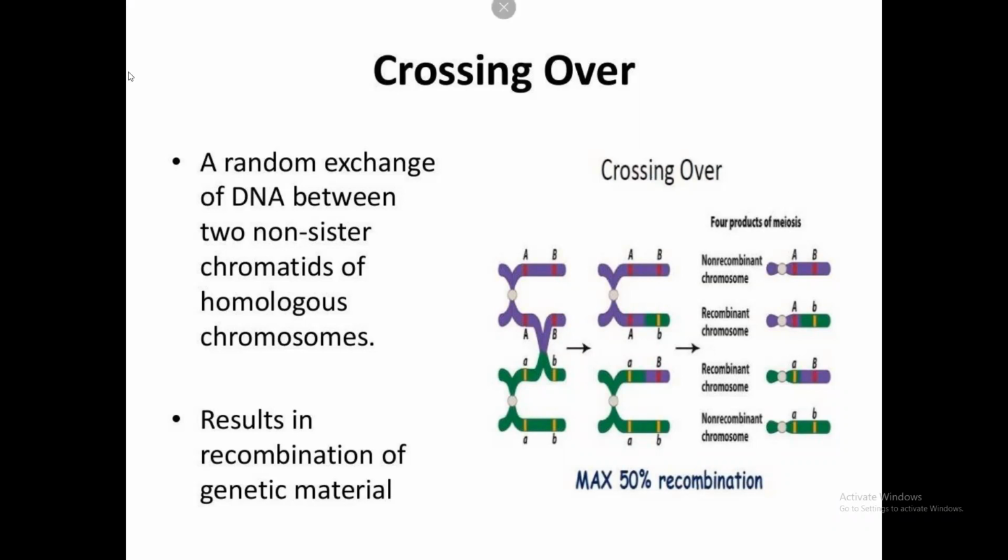Between homologous chromosomes, we will see this crossing over, and that is taking place between non-sister chromatids of a homologous pair. Now these segments are exchanged, and these two are recombinants, and this is the parental combination.